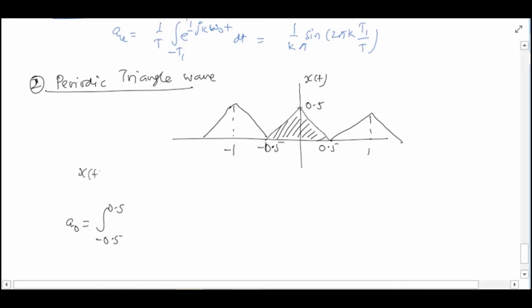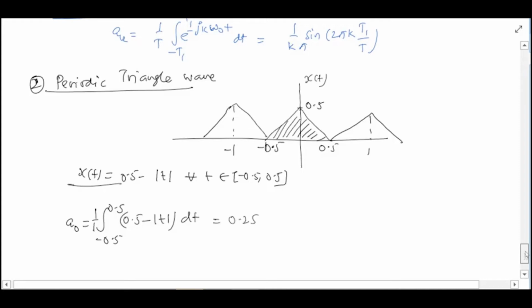This wave can be written as follows: x(t) equals 0.5 minus modulus of t for all t in minus 0.5 to 0.5, and then it repeats with period 1. So with this in view, I can write a_0 as integral from minus 0.5 to 0.5, 1 by 1, which is the period, of 0.5 minus modulus of t dt, and this turns out to be equal to 0.25.